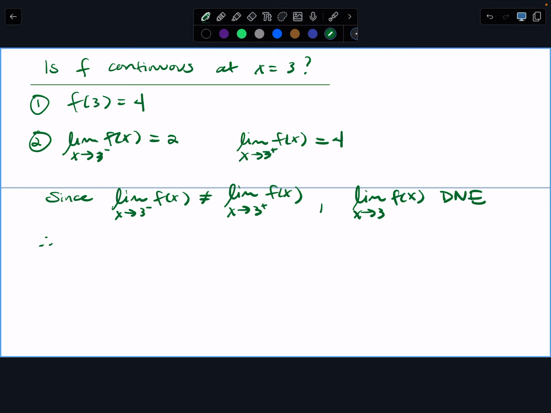And therefore f again has a non-removable discontinuity at x equals 3.